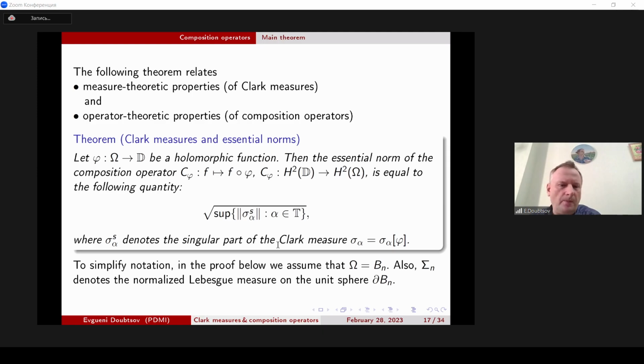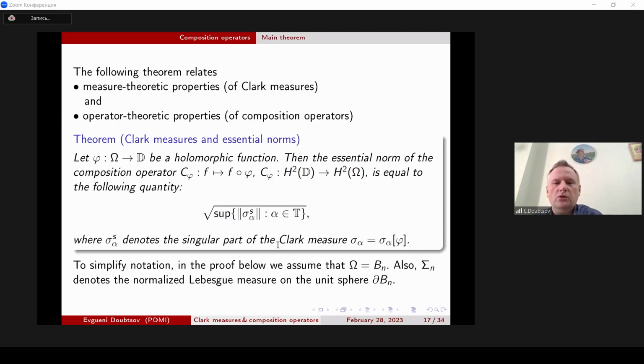I'll say a few words later about the proof, and to simplify the notation, I will assume that omega is just the unit ball, and in this case, instead of capital sigma, the normalized Lebesgue measure on the distinguished boundary, I'll use the notation capital sigma sub n, again for the normalized Lebesgue measure on the unit sphere.